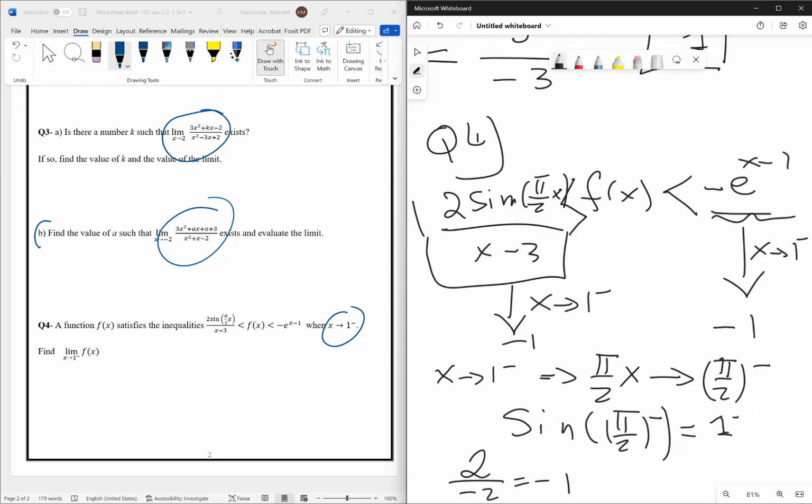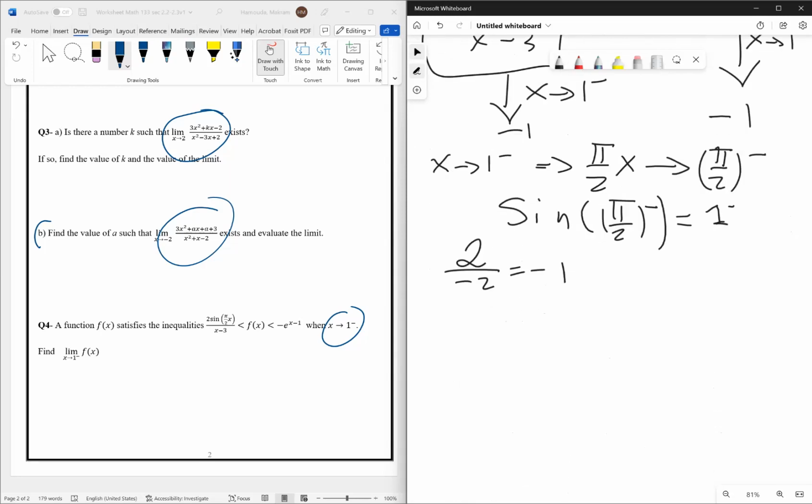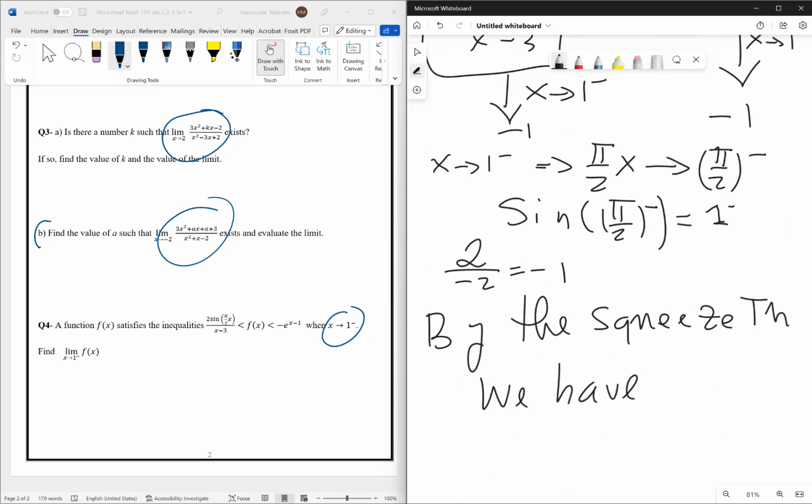It won't make a difference if we took 1 plus, I guess. It's the same thing. So my conclusion here with the squeeze theorem: limit of f of x as x approaches 1 minus is equal to minus 1.